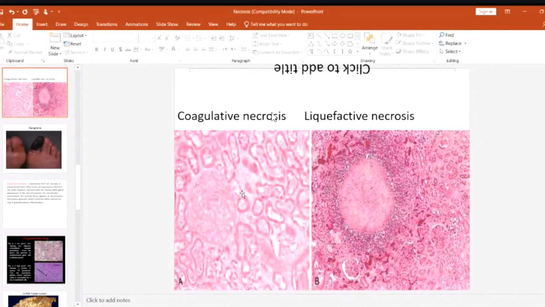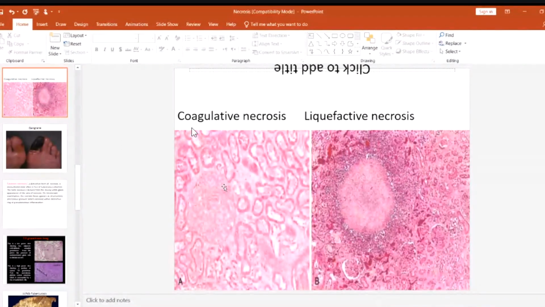Exactly, you see the outline of the cells. Students, how do I know the kidney of this patient is coagulative necrosis?